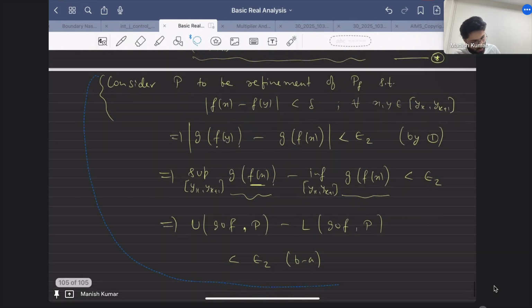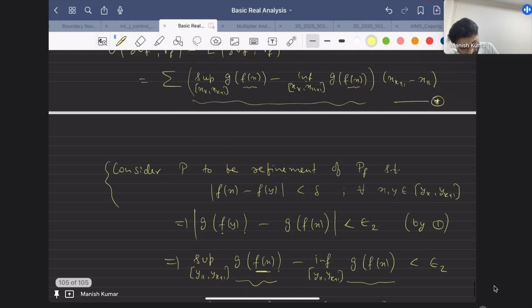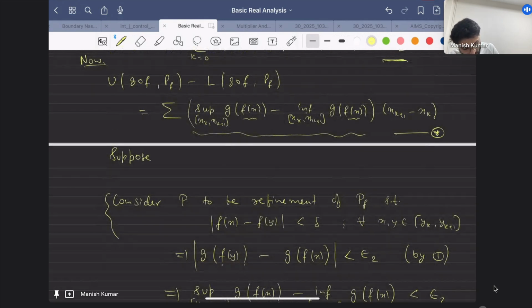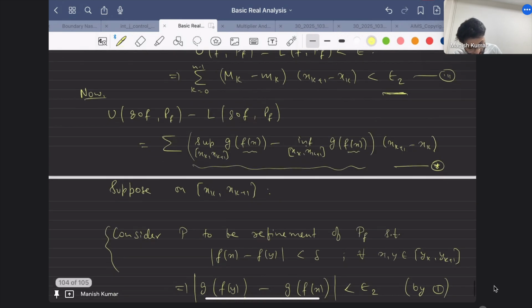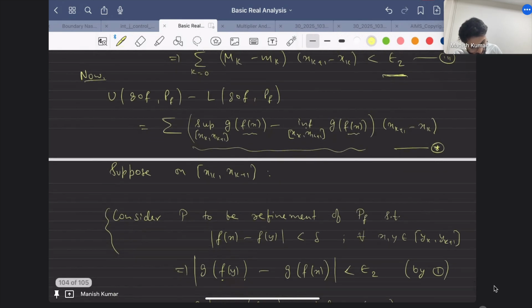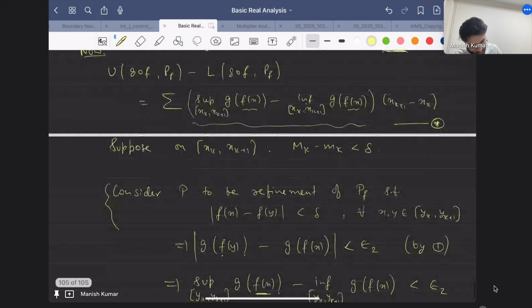So let's work on this partition itself. Suppose on this interval x_k to x_{k+1}, if my function f satisfies this property, that M_k minus m_k is less than delta, then I'm done, right? So this would imply all these things. Okay, if this is true.